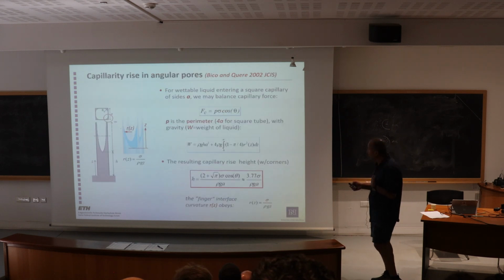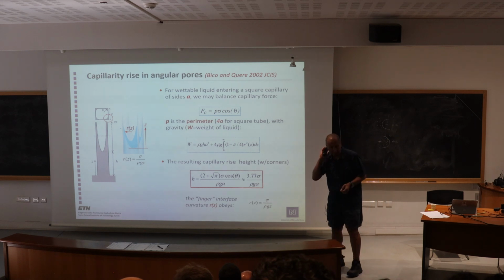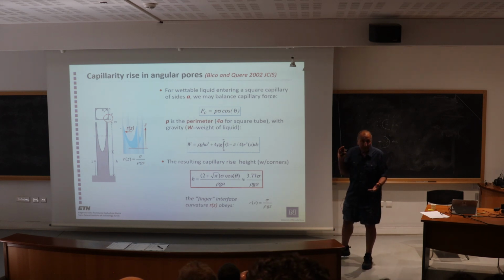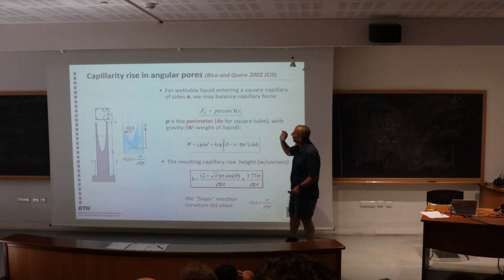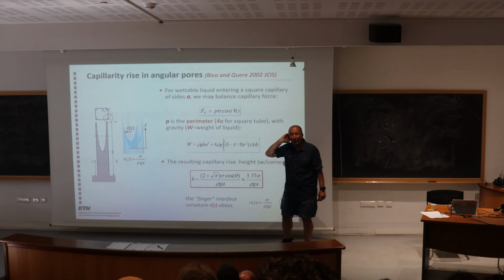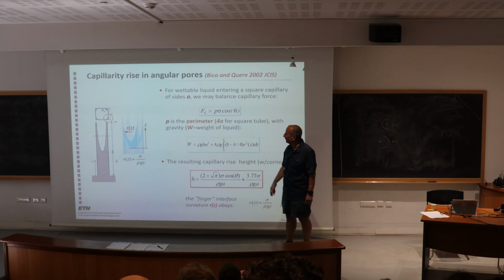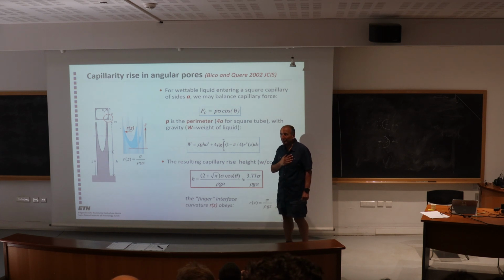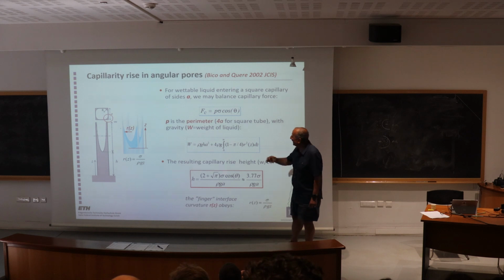More interesting, I think, is the capillary rise problem in angular pores. There, I rely on Bico and Quéré from 2002. It was a very inspiring paper for me because it also liberated me from the fear of angular pores.